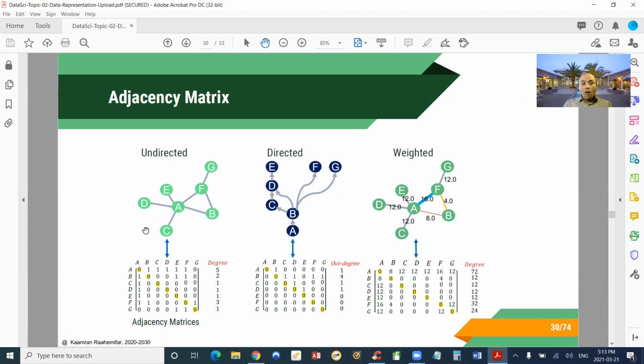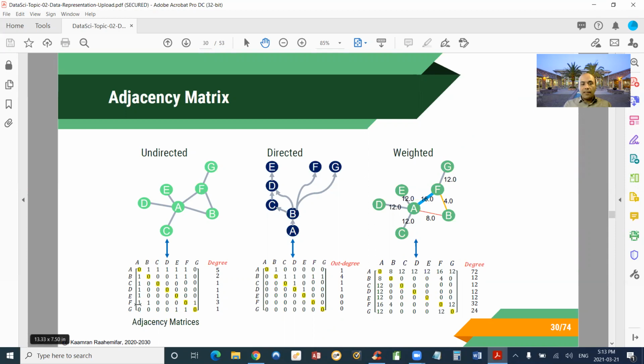Now, obviously, the connection between A and B is going to offer me 1. 1 means that there is a connection. And at this time, A to B is 1, but also B to A is 1. There is no direction on the graph. A is connected to C, A is connected to E, A is connected to B, and A is connected to D. So B, C, D, E, F, as you can see, we have 1, 1, 1, 1, 1.